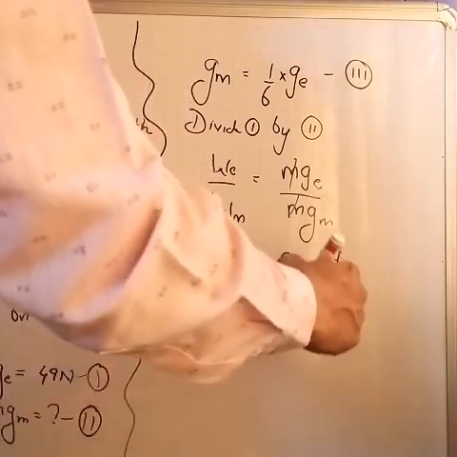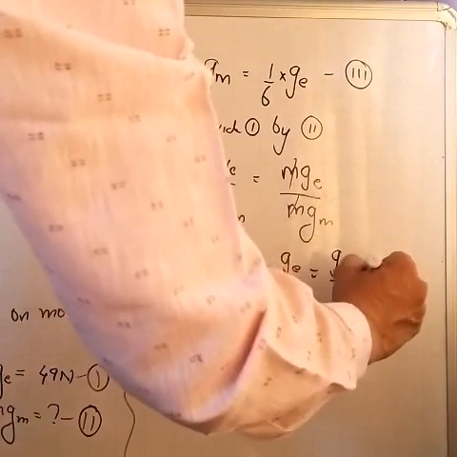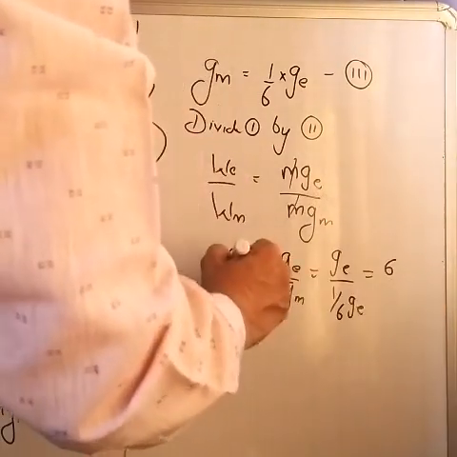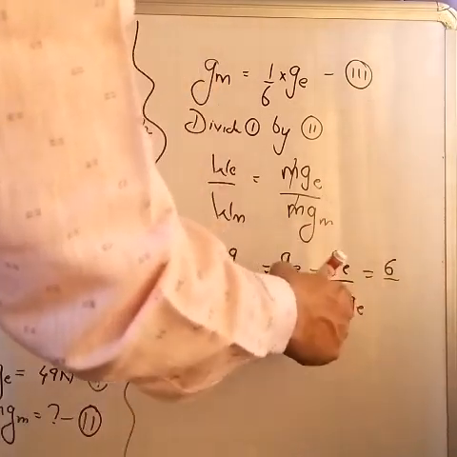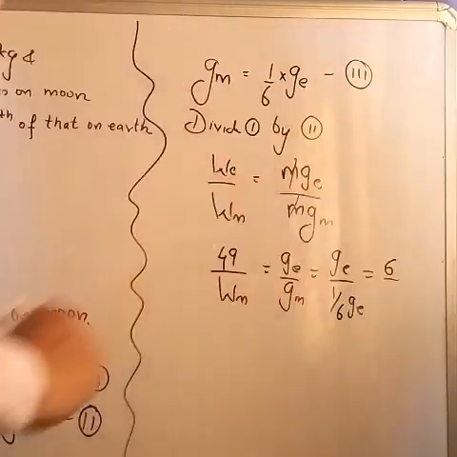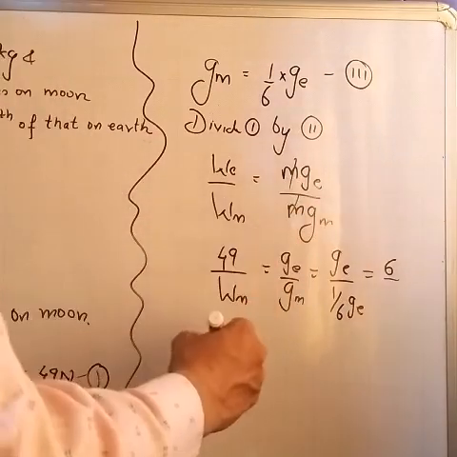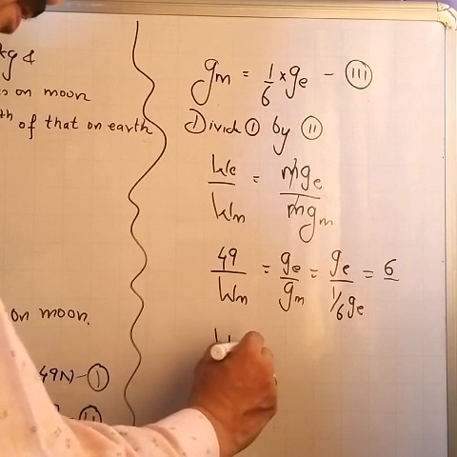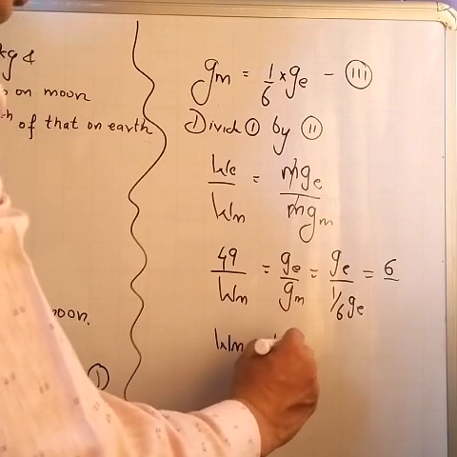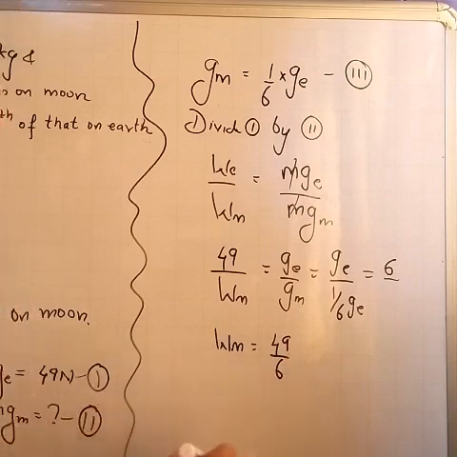GE also gets cancelled, and what remains is 49 upon WM equal to 6. 1 by 6 comes in the numerator and becomes 6. On cross multiplying we get WM equal to 49 upon 6.